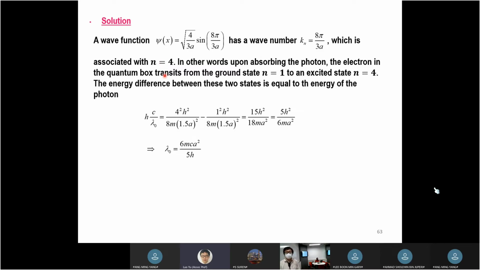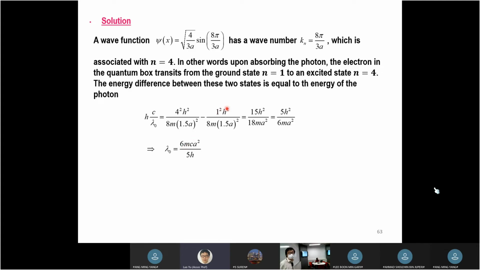When you apply the photon's energy equal to the energy difference between two energy levels, you set one n equal to 4 and the other equal to 1, so that you have 15h squared divided by 8ma squared. In this case, you find lambda naught is 8mca squared divided by 15h.